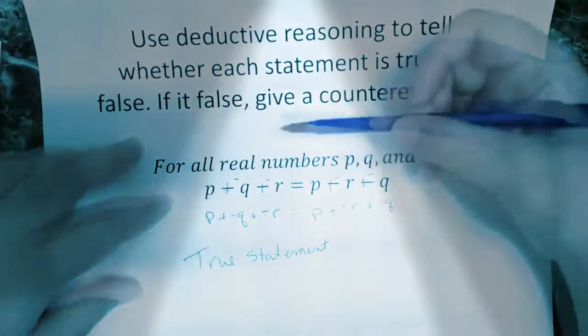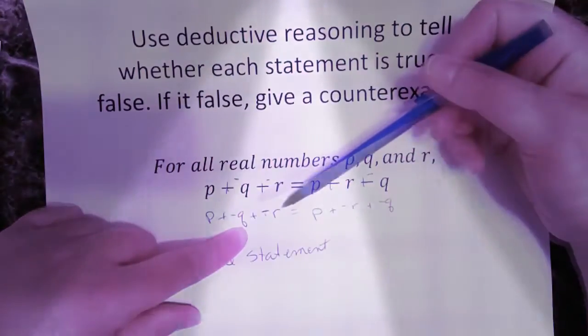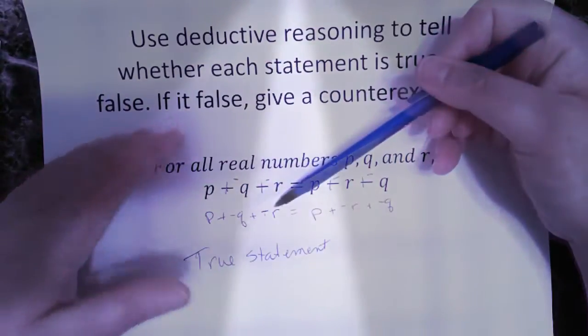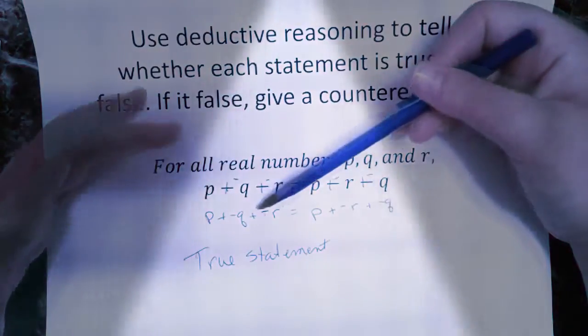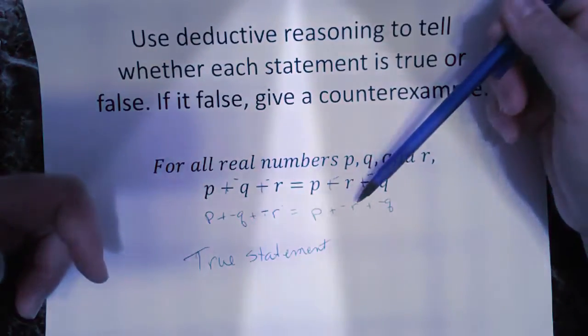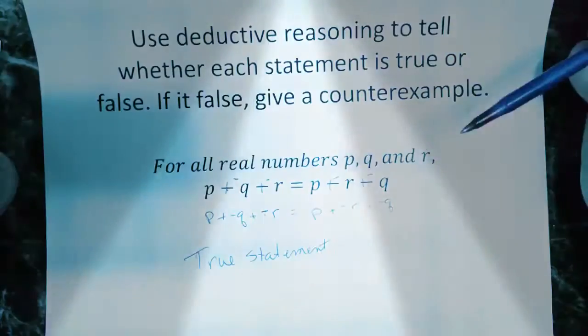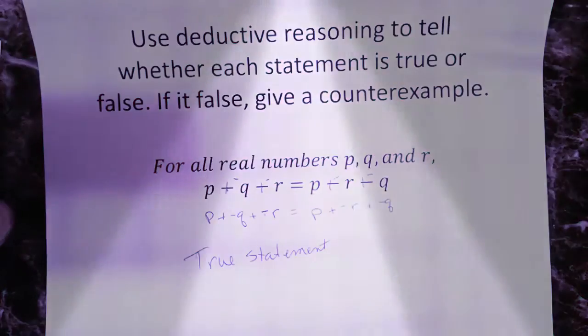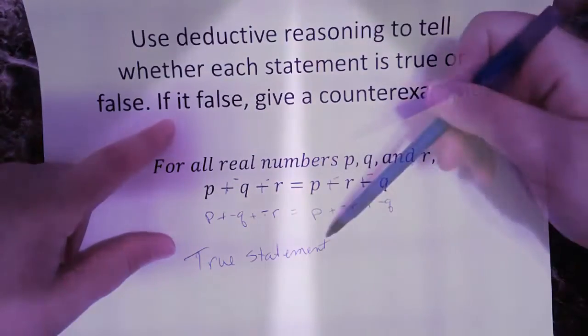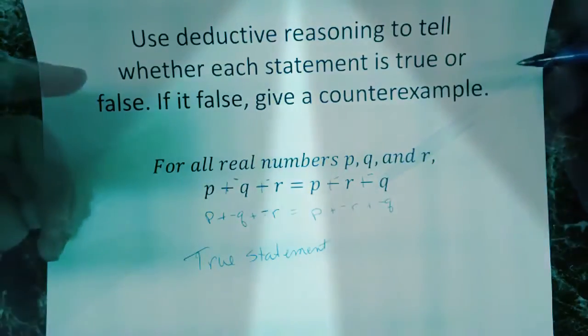And it's a true statement because all I really did was flip my opposite of Q and opposite of R, or negative Q and negative R, around. That's all I did. It says, use deductive reasoning to tell whether each statement is true or false. If false, give a counterexample. Well, this isn't false. So am I done?